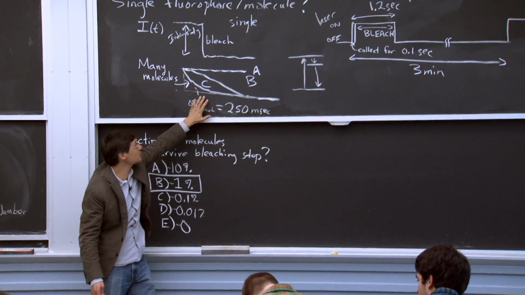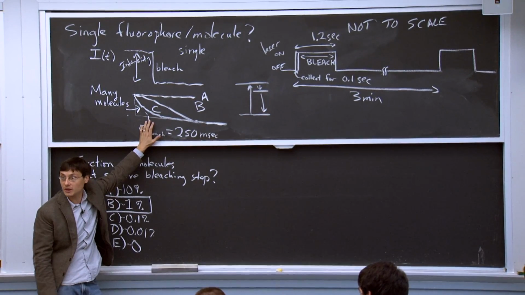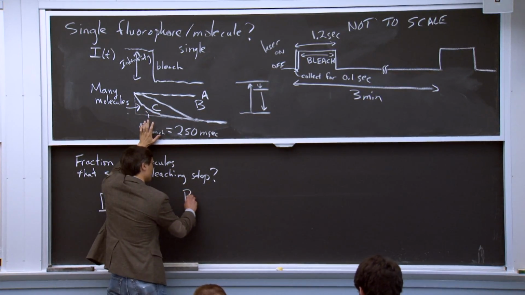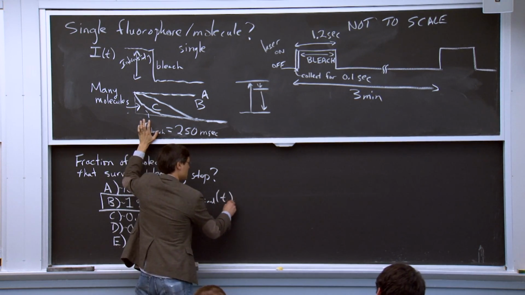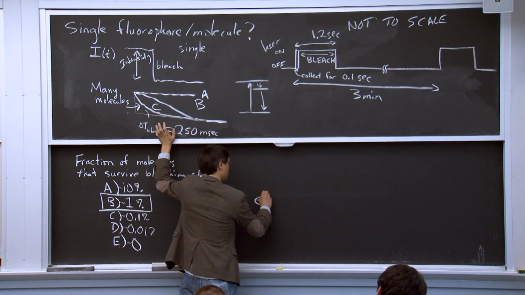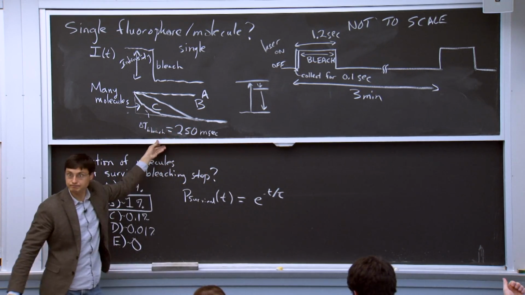Because this plot here is really a plot of the fraction of the molecules that have survived as a function of time. So indeed, the probability of survival for an exponential process like this as a function of time t is going to be equal to e to the minus t over some constant time tau.